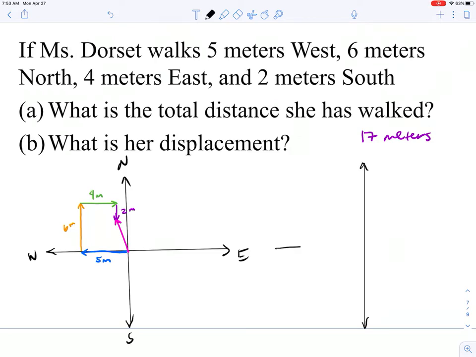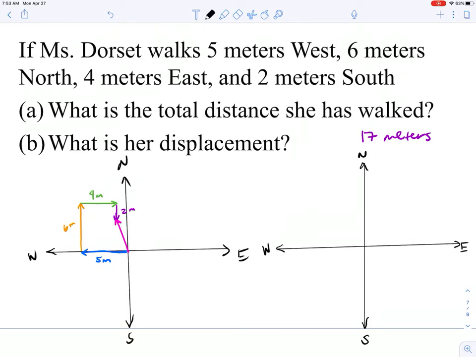So to do that, I'm going to redraw the picture so that each of the vectors that represents my movements are in standard position.